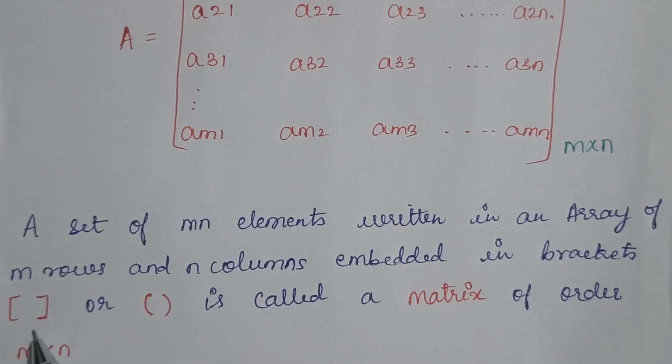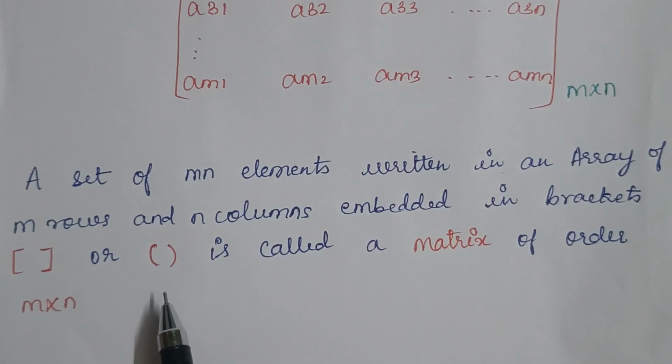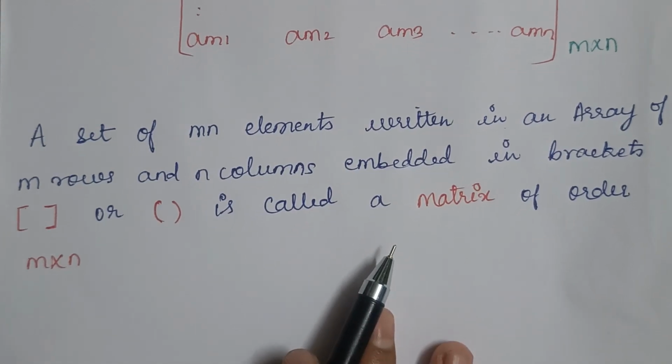This is the normal square bracket, and this is the parenthesis that we usually use. This is called a matrix of order m by n.